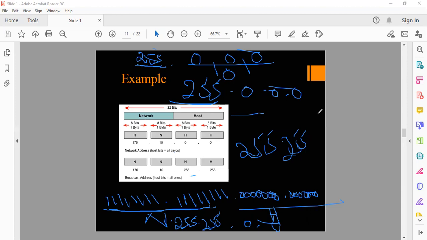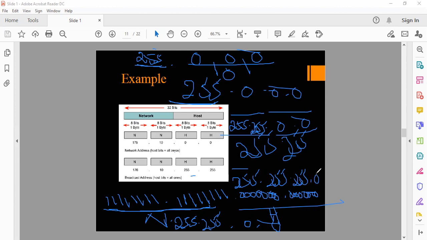If they reserve two octets for network and two octets for host, meaning 255 in the first octet, 255 in the second octet, then 0.0, it is the subnet mask for class B IP addressing. Suppose they give the subnet mask in the form of 255.255.255.0.